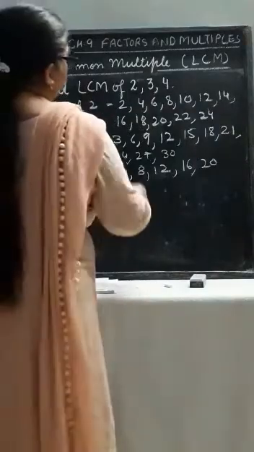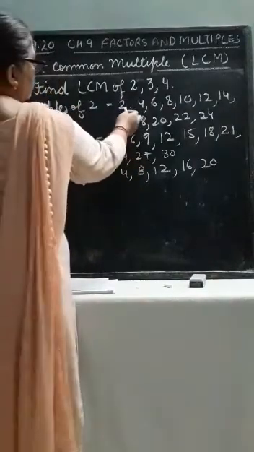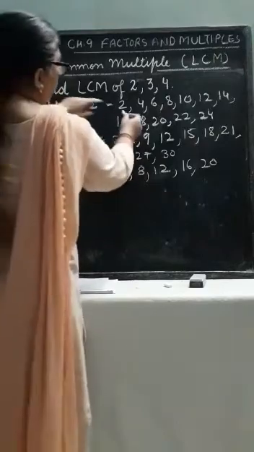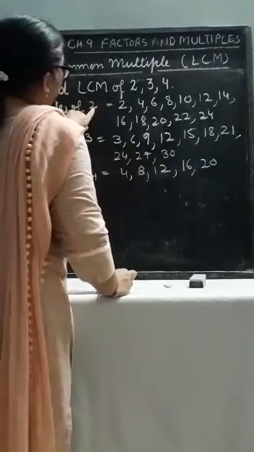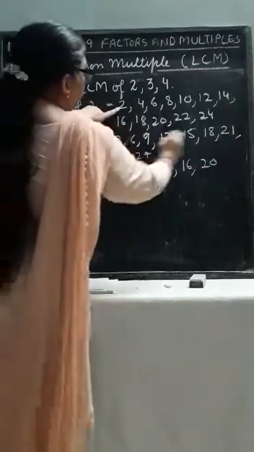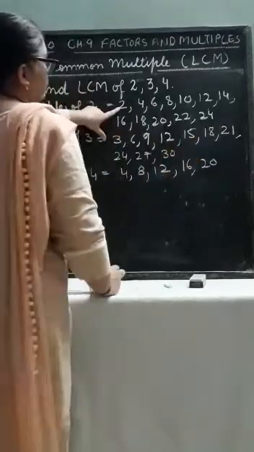Now we will find the common multiples. 2, 3, 4. We will check the multiples of one number in multiples of other two.